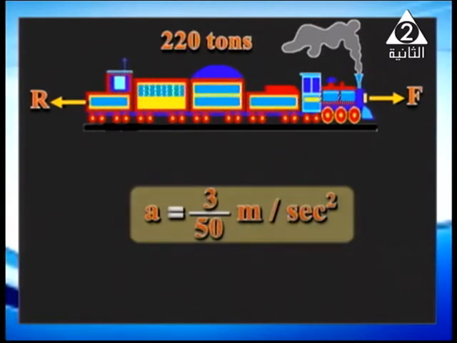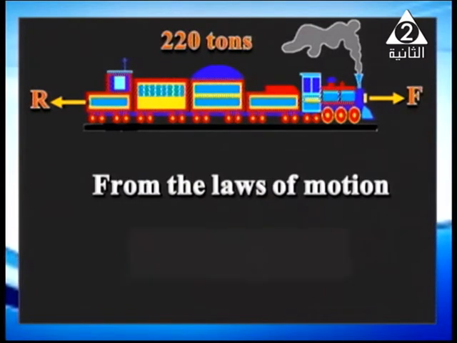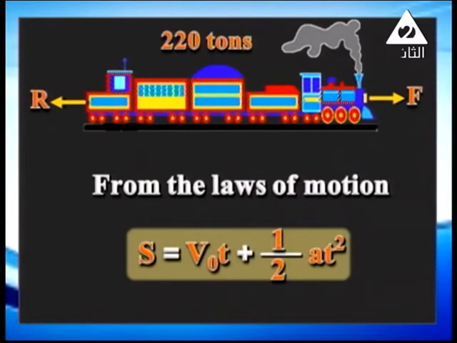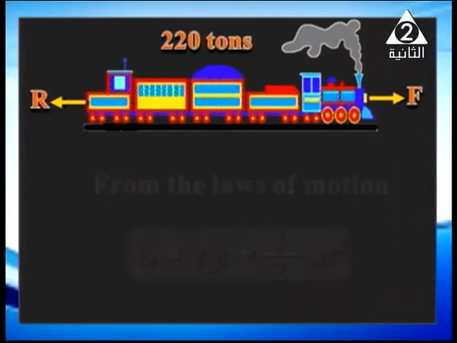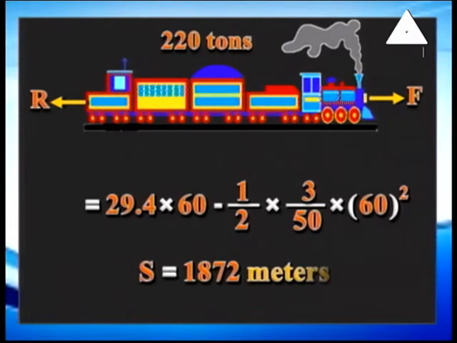From the laws of motion, S equals V naught T plus half AT squared. To find the value of S by substitution, S is 1,872 meters.